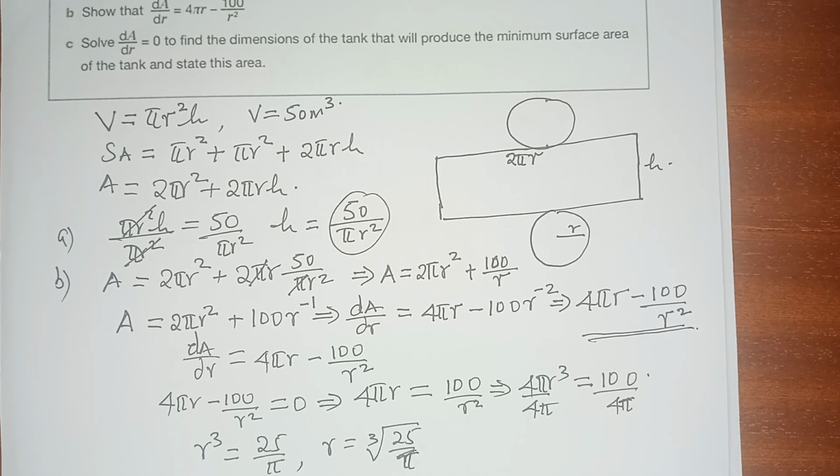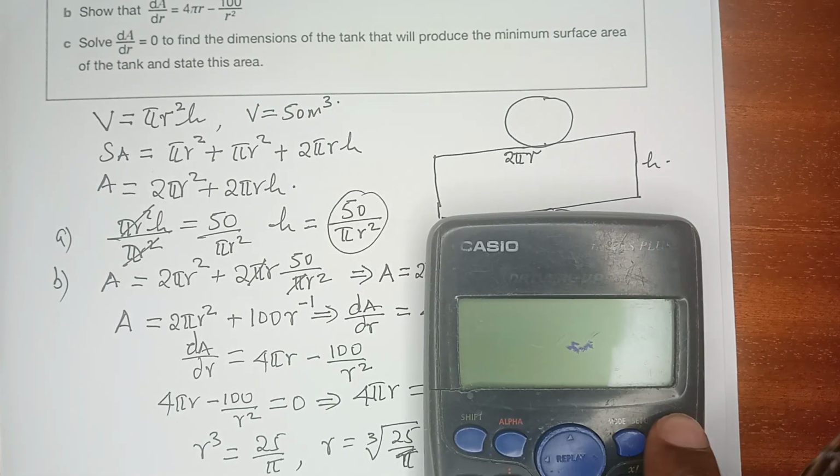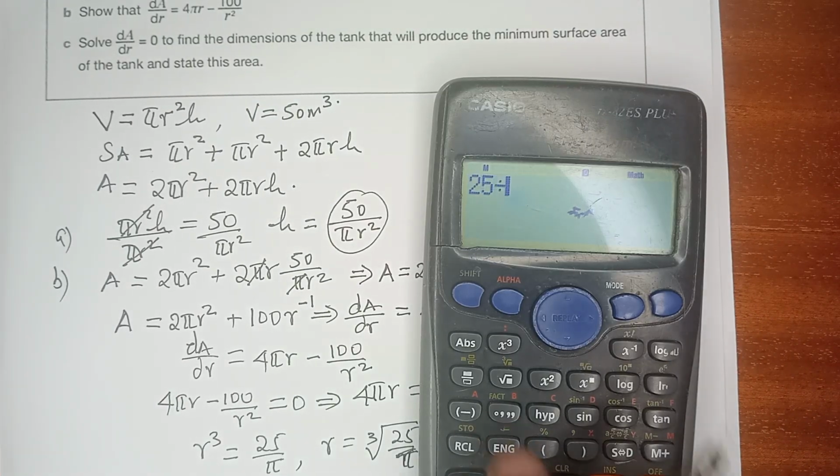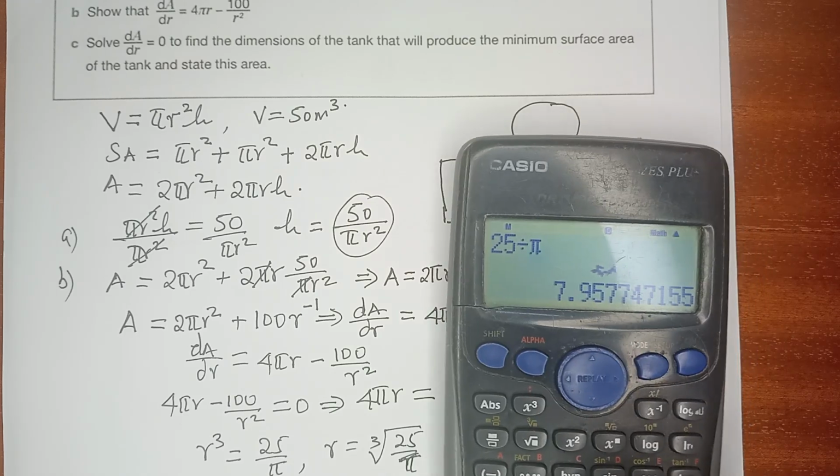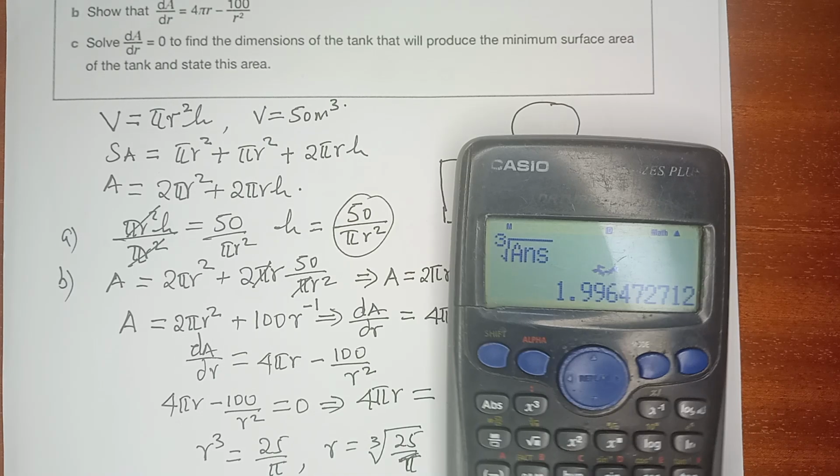So let us see, what is 25 divided by π? That is 7.95, and we need to get the cube root of that. The cube root of the answer gives us 1.9964.